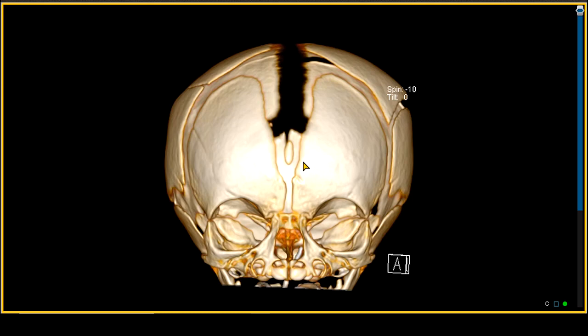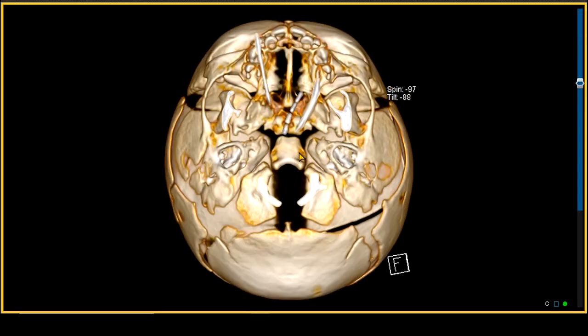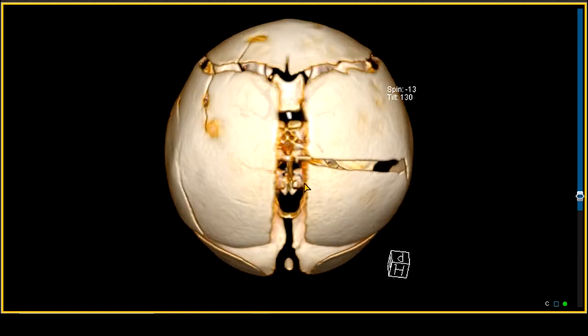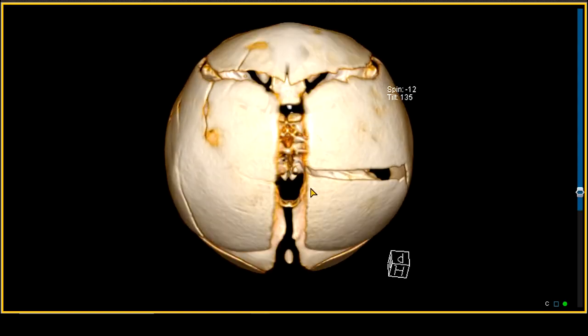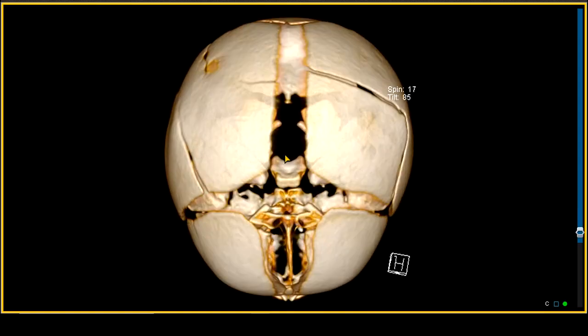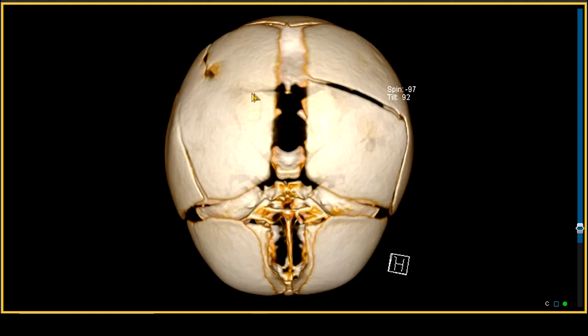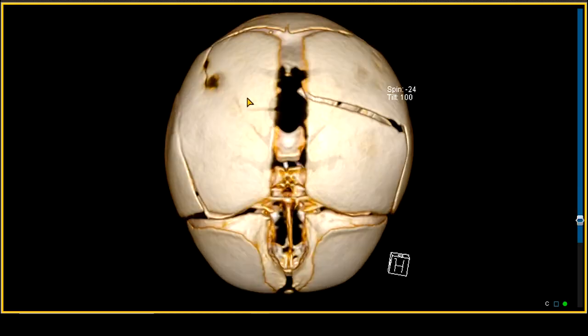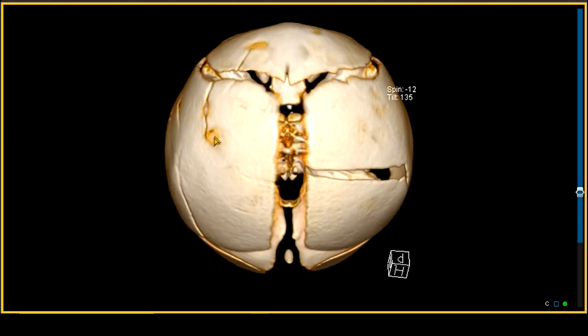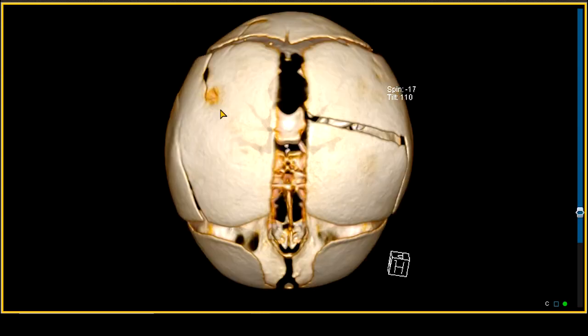This is a 3D reconstruction from the bone thin section images, which were 0.75 millimeters thick. As you can see, it well demonstrates the wide fracture that occurred in this patient that communicated with the superior sagittal suture. There also was a fracture which crossed the midline on the right side, and you can also see an additional fracture of the calvarium which extends to the lambdoid suture.